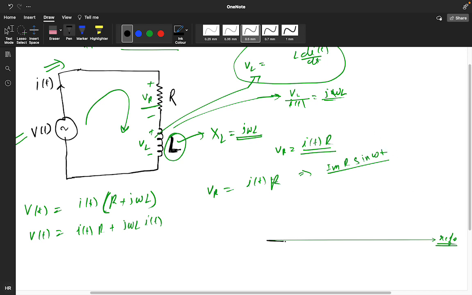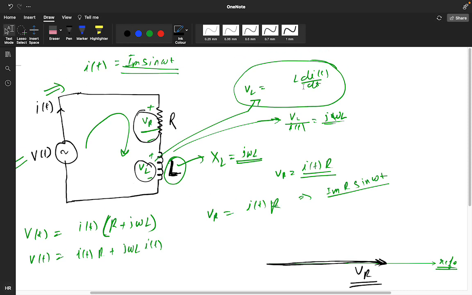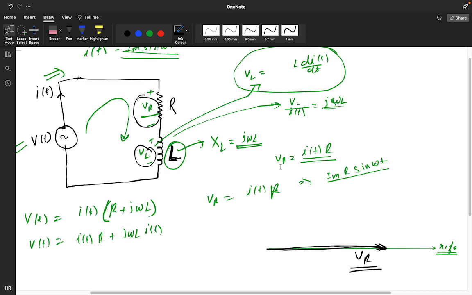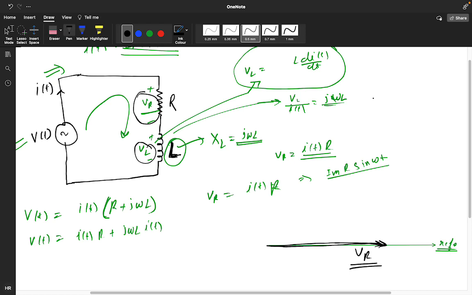So this is your VR voltage, and this is your VL voltage. For VL we have L di by dt. If you solve this, you will get V of L equal to Vm sine omega t plus 90 degrees. From the previous concept, it will lead by 90 degrees. So this was your V of L.